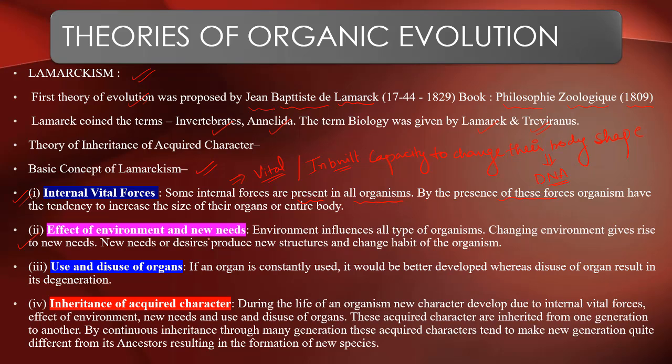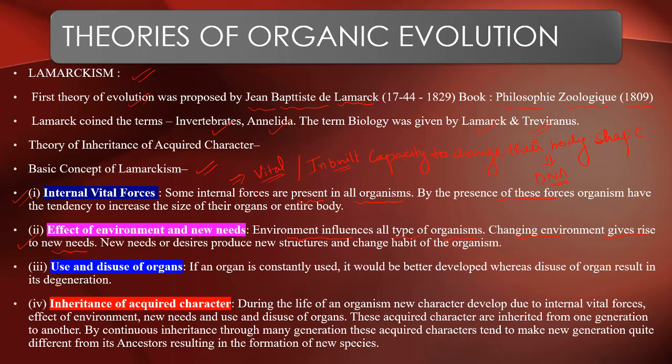Effect of environment and new needs. Environment influences all types of organisms. Environment basically gives an impact, acting as a stimulus to all types of organisms. A changing environment gives rise to new needs. When there is a requirement to adapt to a new environment, then only there comes evolution, variation, change.